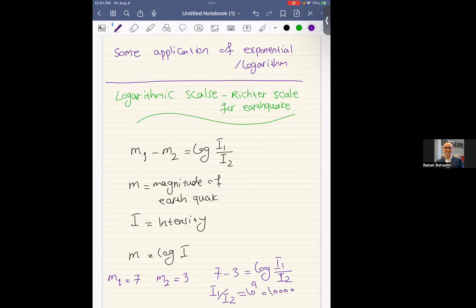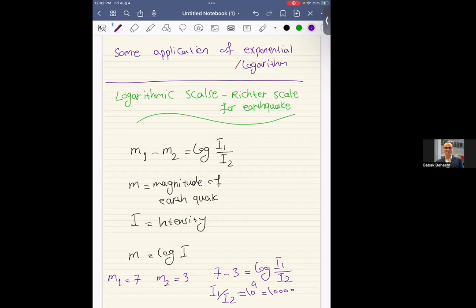In math, you basically write everything in terms of ln, because it's natural. In high school textbooks, when you don't write anything, it means base 10. In more advanced texts, it means ln. Right? Okay.